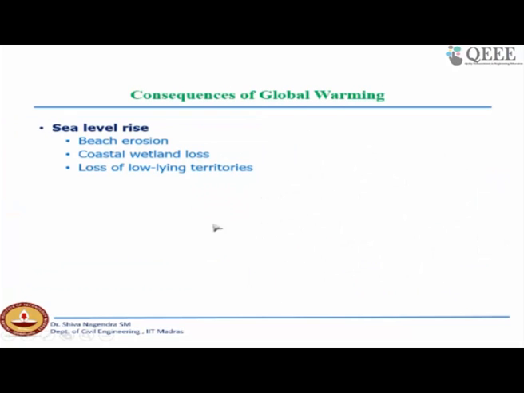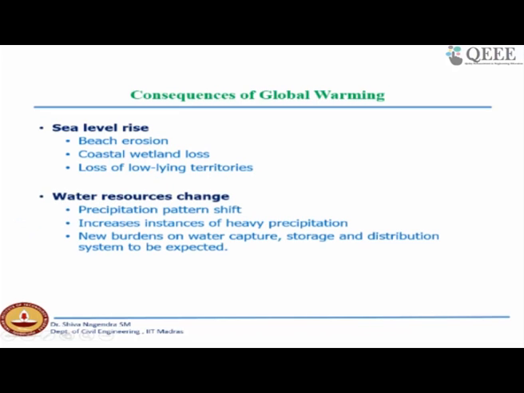Now, what are the consequences we can expect because of global warming? Sea level rise, so beach erosion, coastal wetland loss of low-lying territories. With respect to water resources, precipitation patterns shift, and in many countries drought and floods are happening because of their link to climate change.